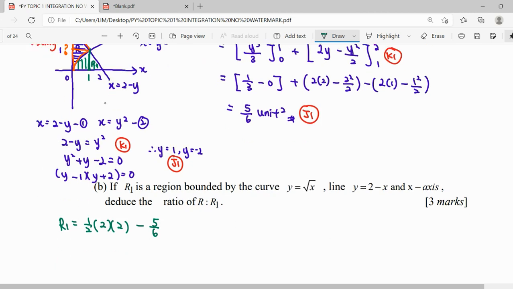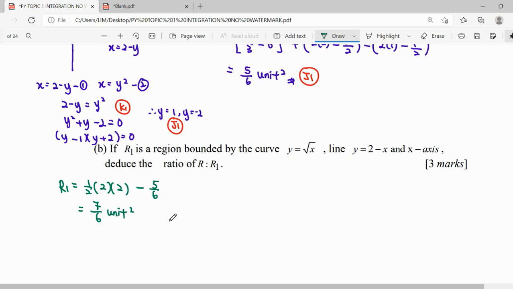So from here, we can find it. You can see the marks here, just 3 marks, so our working should be equivalent to the marks given. So R1, deduce their ratio. When you want the ratio of R to R1, it means R over R1. R will be 5 over 6, over R1, 7 over 6.